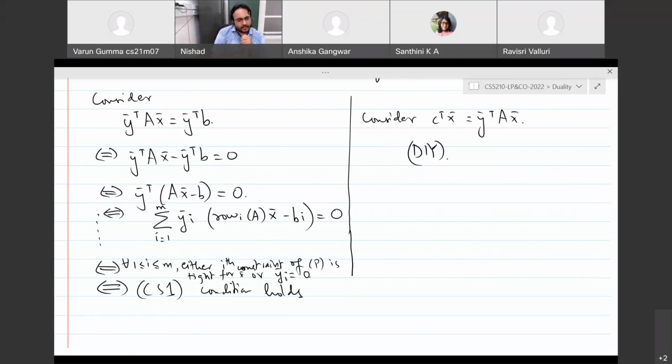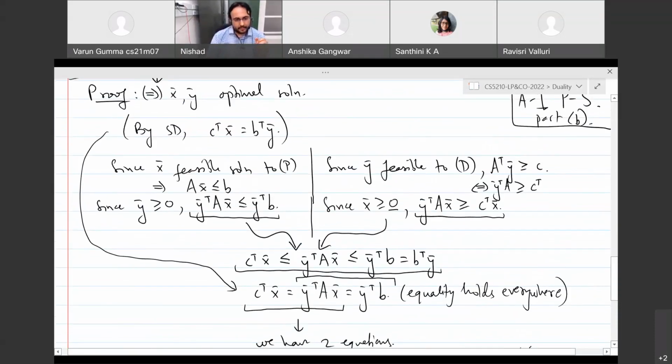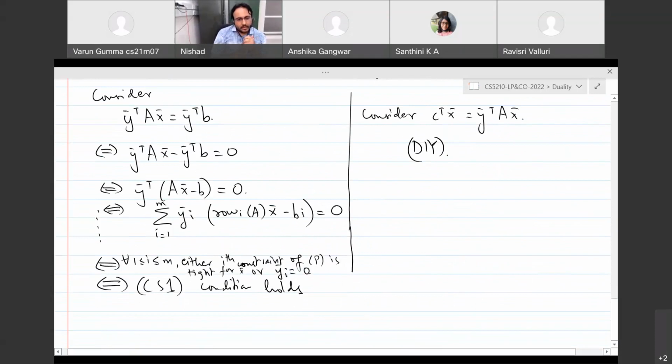So that means that for each of these, and notice that y transpose A x is always less than or equal to y transpose b. So you're basically adding a bunch of terms. The only way this can happen is if for every single entry, either the yi bar is 0 or the corresponding other part, the ith row of A x bar minus bi, is equal to 0. And that is exactly what we want to prove.